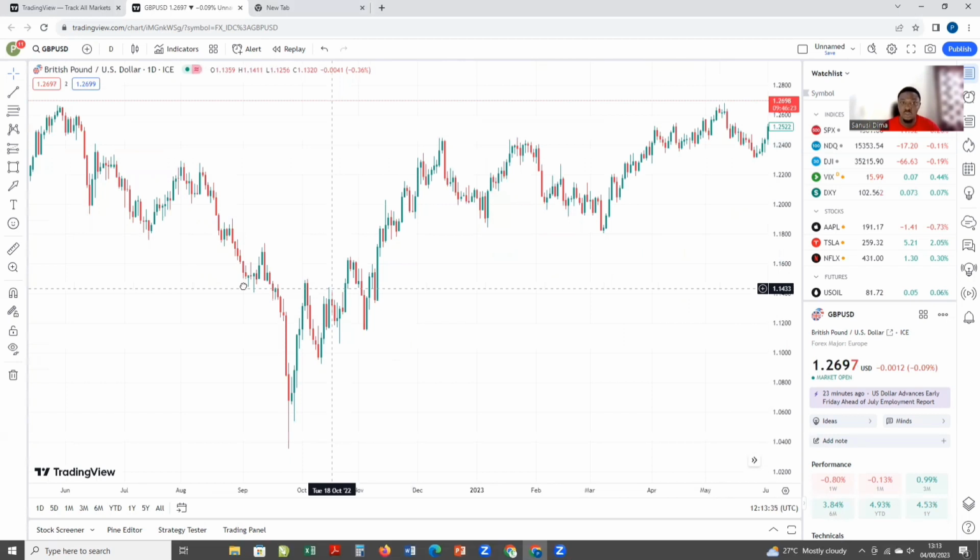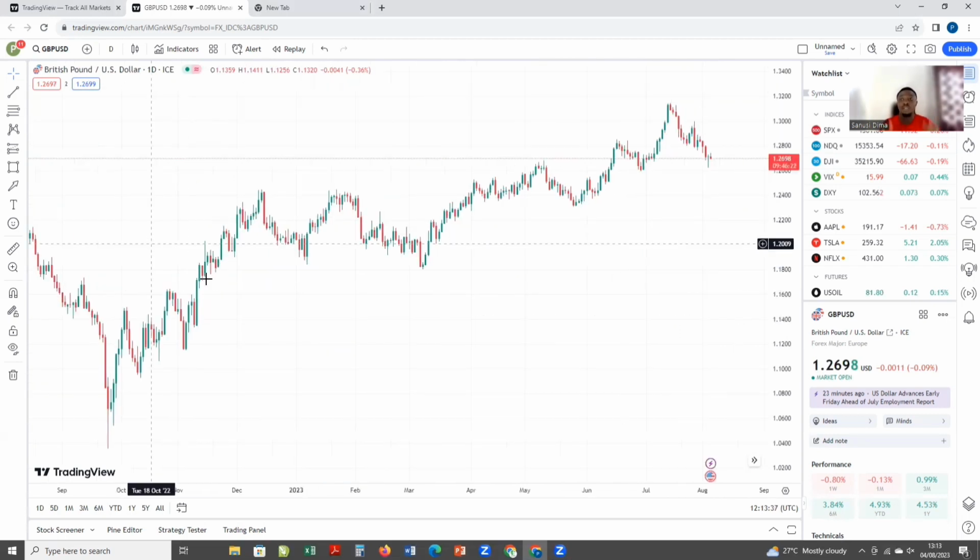Then let me draw the current market. When we are doing analysis, we focus on the current market after checking previous price action. So this is what the current market is telling us. Let's connect our dots.